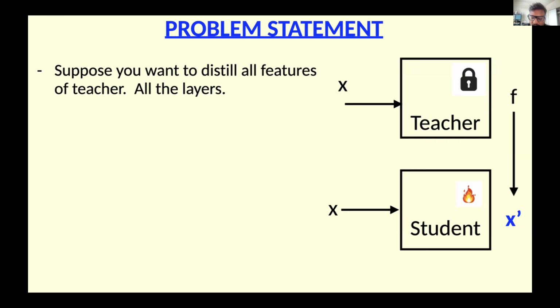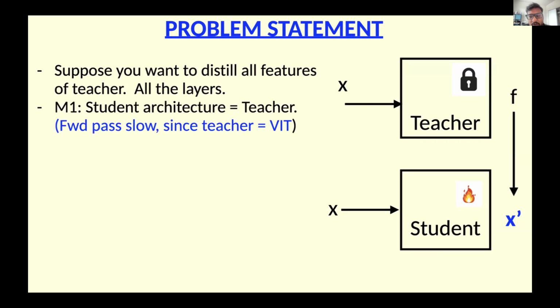So if the student is very big, the amount of time it takes for you to do test time training will be very high. There are two impossible problems here, as I like to call them. Let's say you want to distill some features from the teacher into the student, and you want to distill all the intermediate features. The best you can do is make the student architecture similar to the teacher. So if your teacher is 12 layers of ViT, your student also has to be 12 layers.